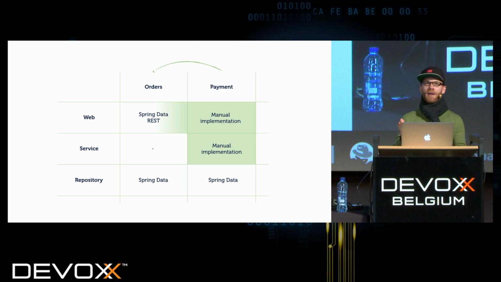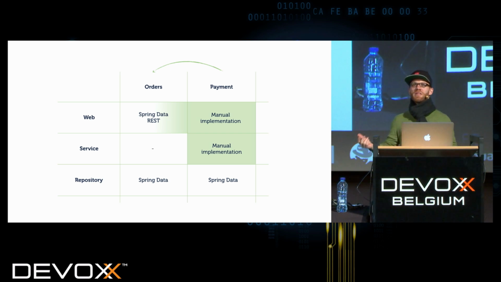One is the general handling of the orders, which follows the very simple HTTP API patterns that you see. We want to use a post to create an order, a patch or put request to update the order, and delete to cancel it. So we can just use Spring Data for the repositories. There's not even a service layer that we have to implement here because the logic is so dramatically simple.